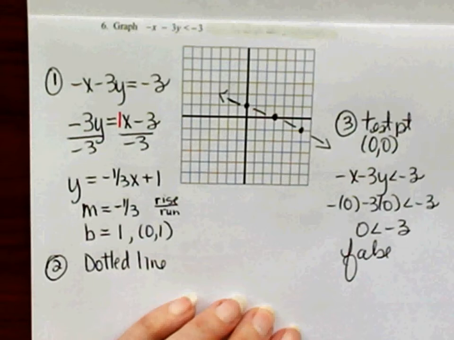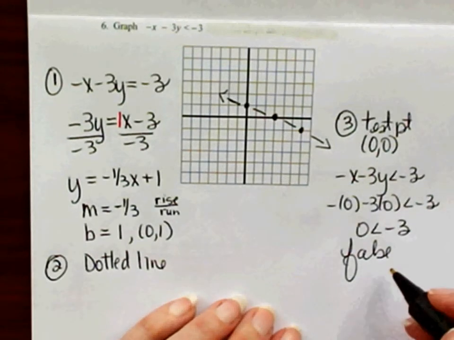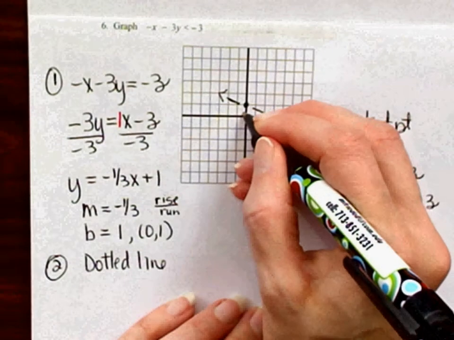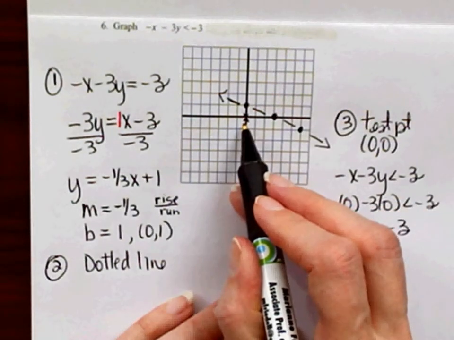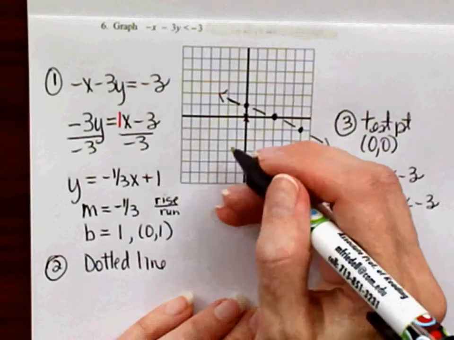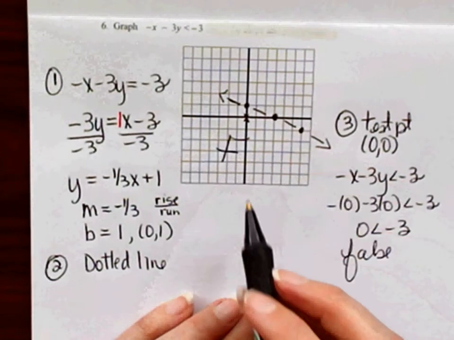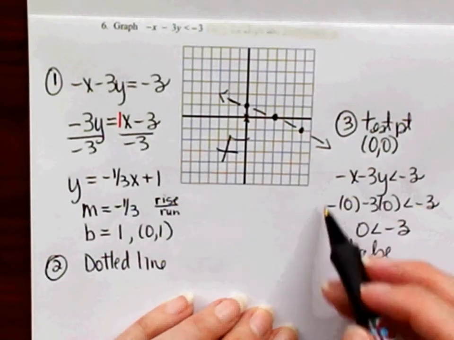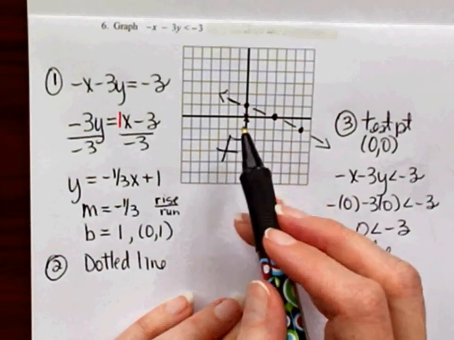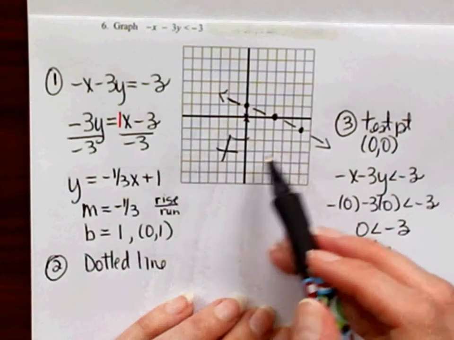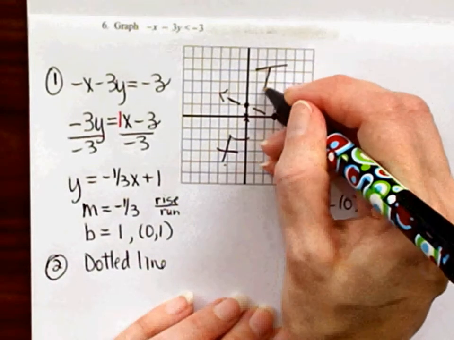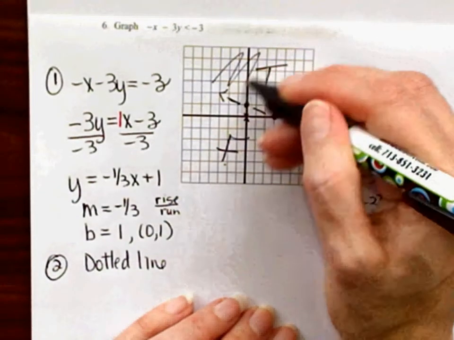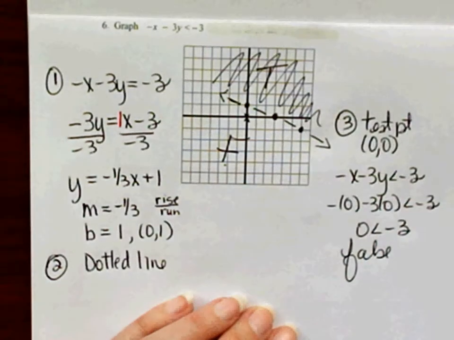It's a false statement. So let's think of this like a treasure map. (0, 0), that's my test point. So I'm going back up here, finding it. We've determined this side is false. Why are we saying it's false? Well, we tested the point, and that point's located on this side, and it's false, meaning this side has to be true, and we only shade the side that's true.